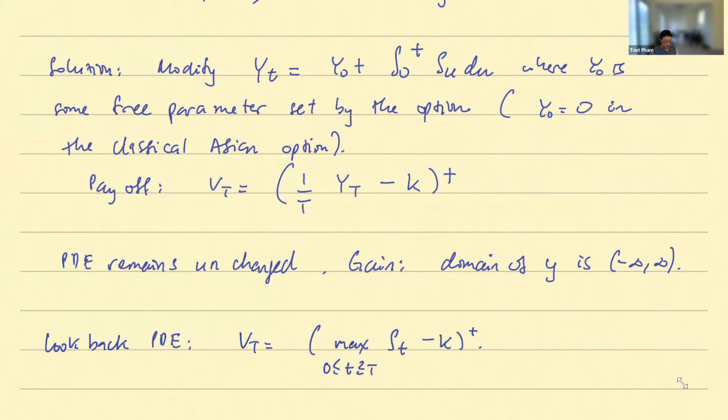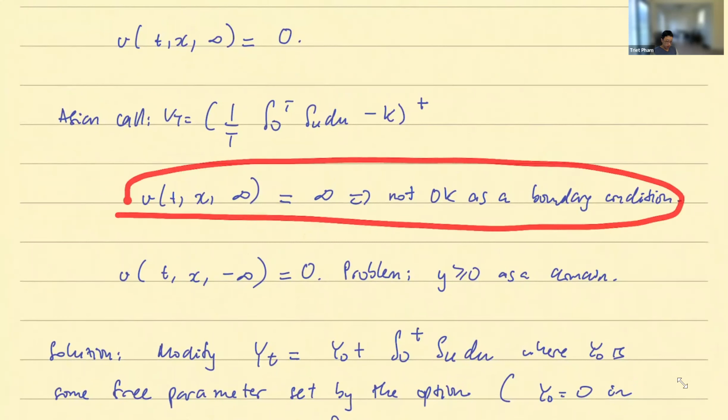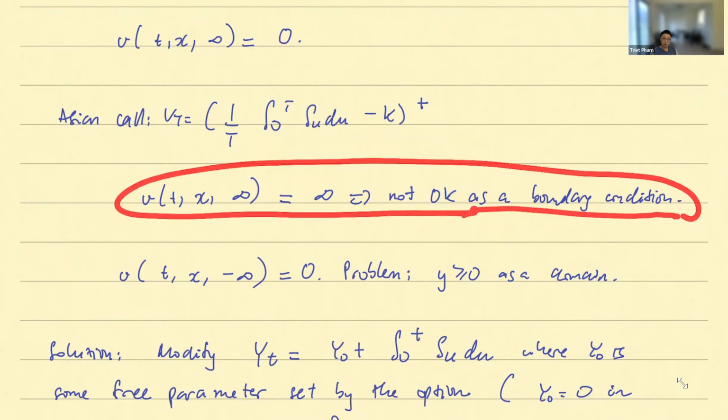Right, so like I said, if you try to stay with the natural condition for the call, then you cannot have any sensible boundary condition to use.